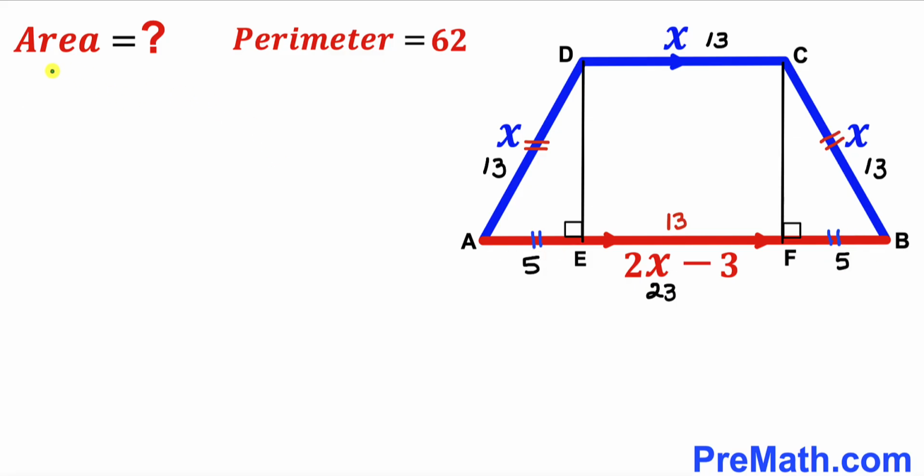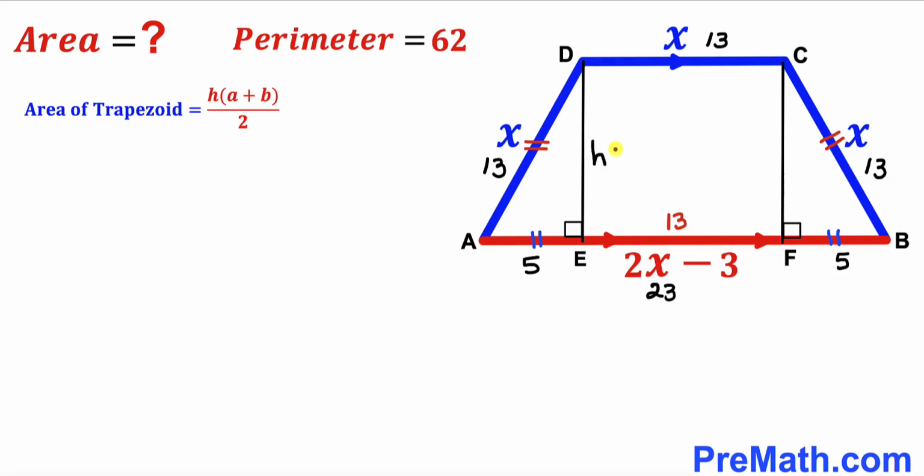Since we are interested in calculating the area of the trapezoid, let's recall the area of a trapezoid formula. Area is always equal to height h times the sum of the bases a and b, all over 2. Here our base a is 13, our base b is 23, and I'm going to label this height DE as lowercase h.